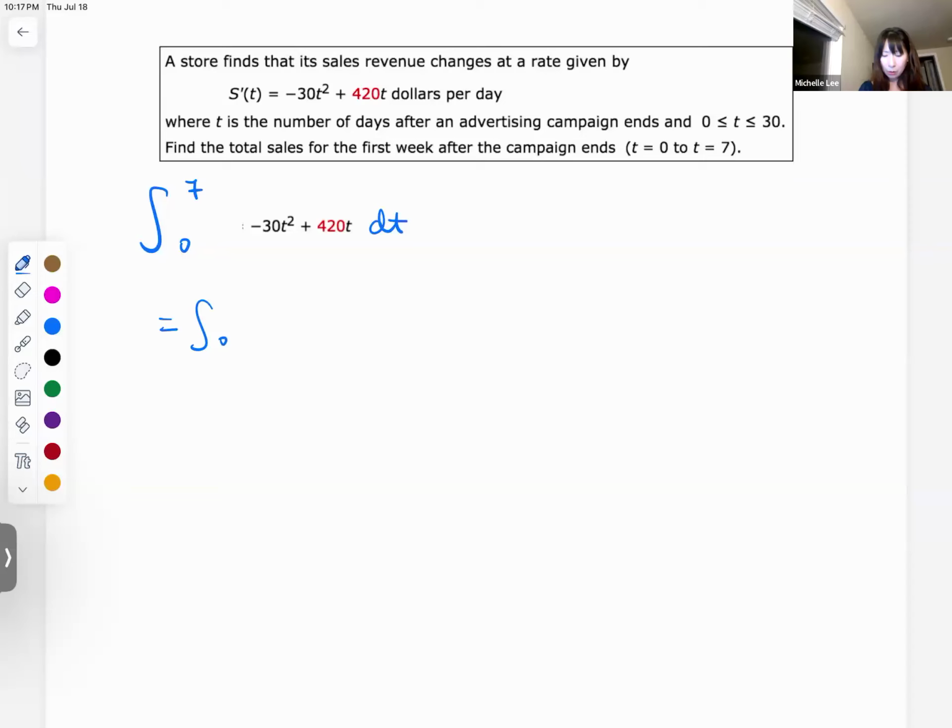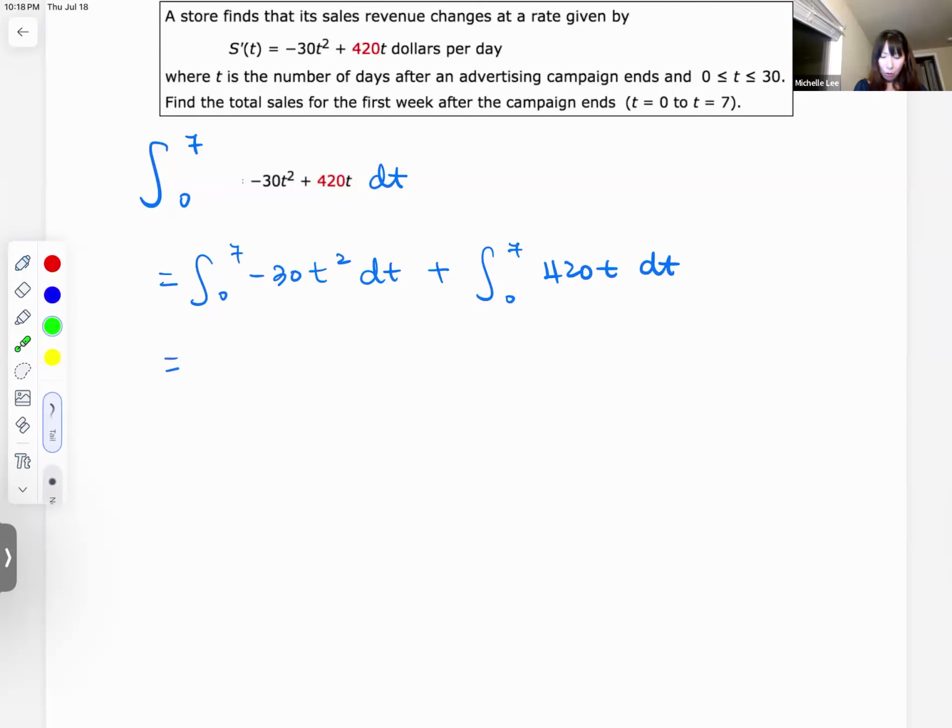So we have the integral from 0 to 7 of negative 30 t squared dt, plus the integral from 0 to 7 of 420t dt. Okay.